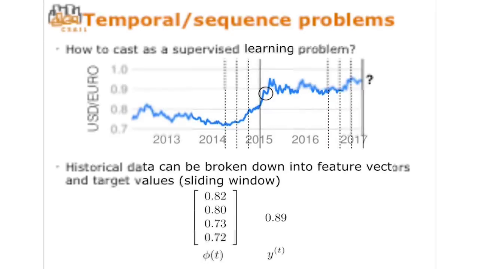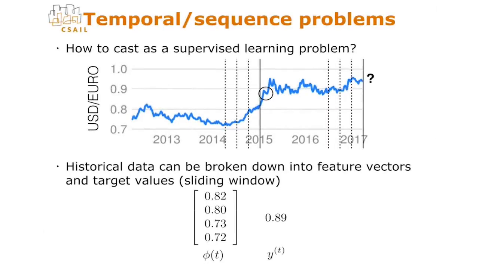We've already seen how to solve these kind of tasks with feed-forward neural networks or linear predictors. We will first start by compiling a feature vector corresponding to the task that we are trying to solve. So for example, at time t, when we are trying to predict what the next currency value is, we can compile a feature vector that consists of previous values.